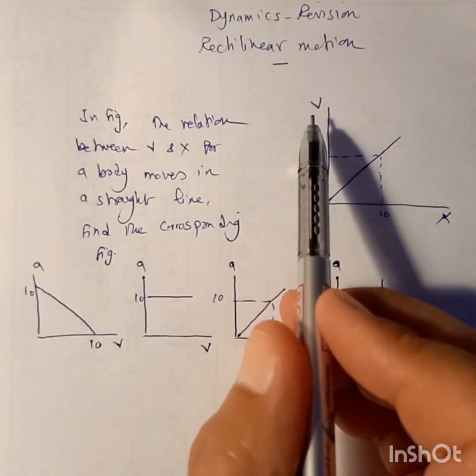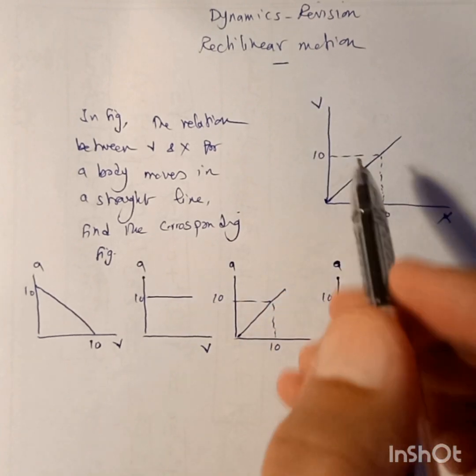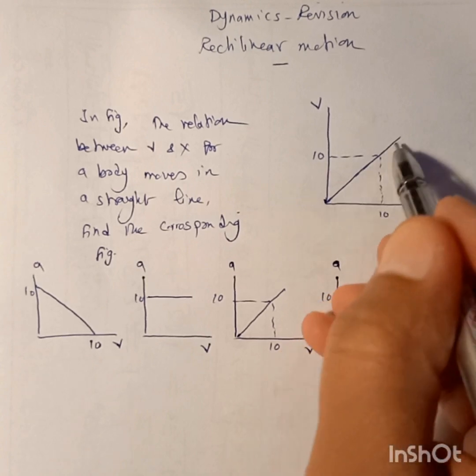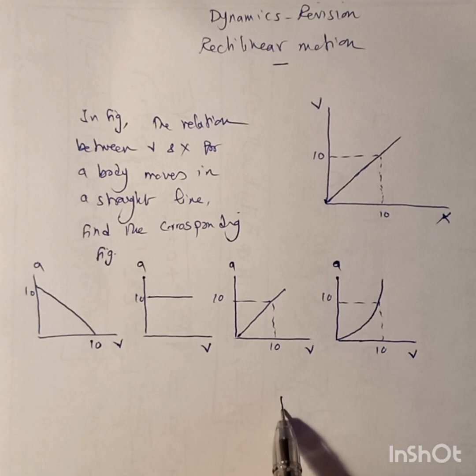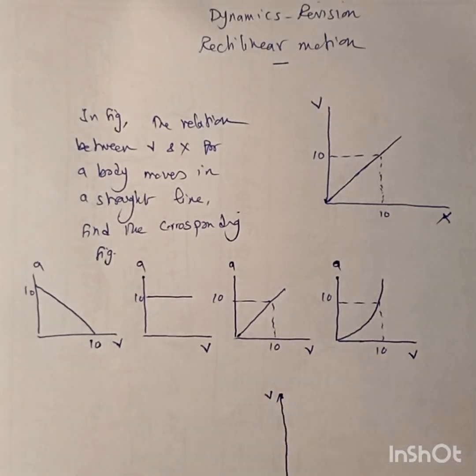The given one is the relation between v and x, and this is a straight line like this. Okay, so we need to convert this curve, relating v with x. We have here 10 and 10.